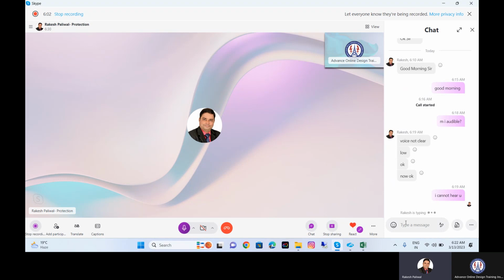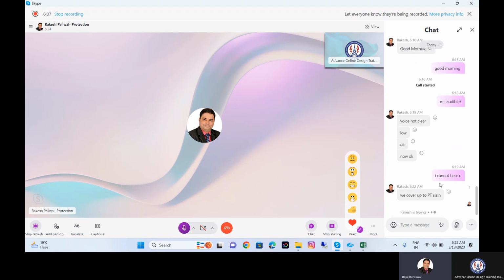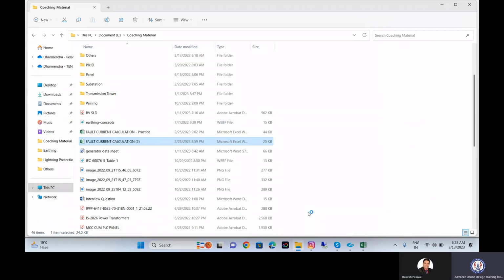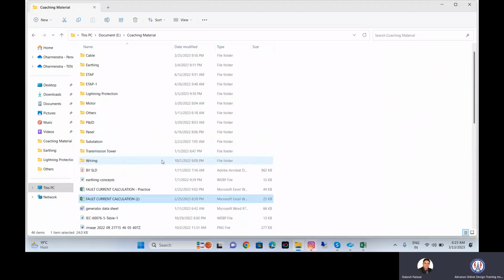Yes, sir. Sir, last time we covered up to PT sizing. LA sizing or LA we covered later. The LA is not used in the protection part. Okay, if you are asking, let me tell you. Sir, your health is not okay, sir.